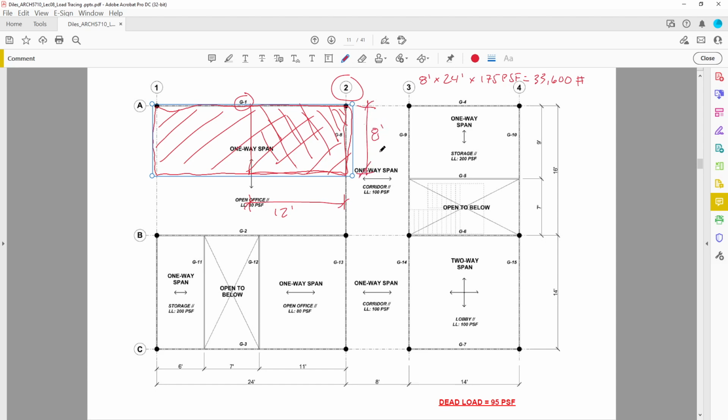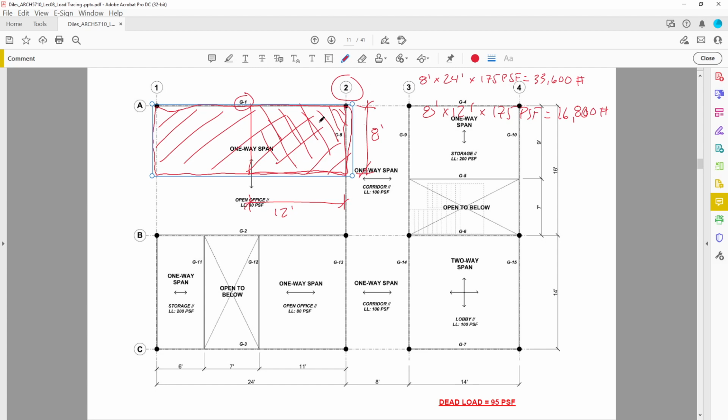If we multiply 12 feet by 8 feet by 175 pounds per square foot in that area, this will give us 16,800 pounds, which is our answer for what is the beam reaction of G1 at the top of A2.